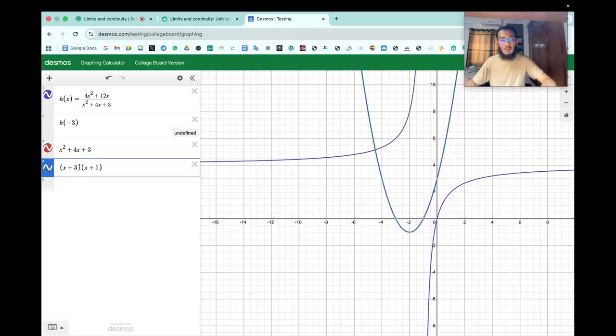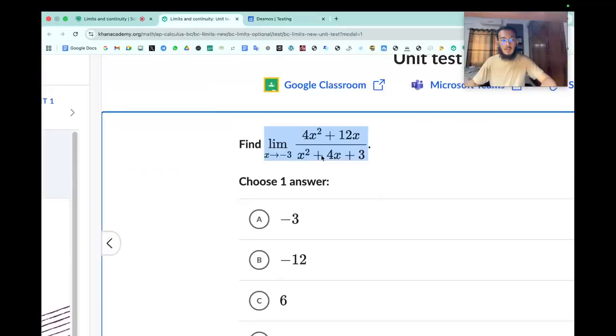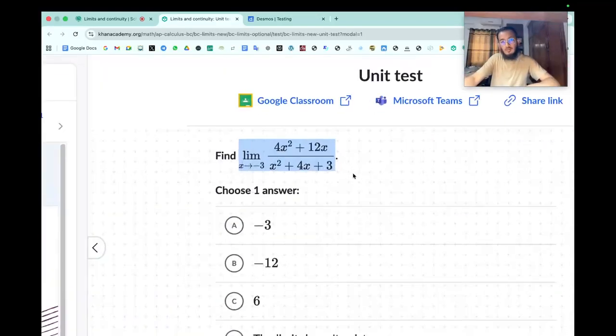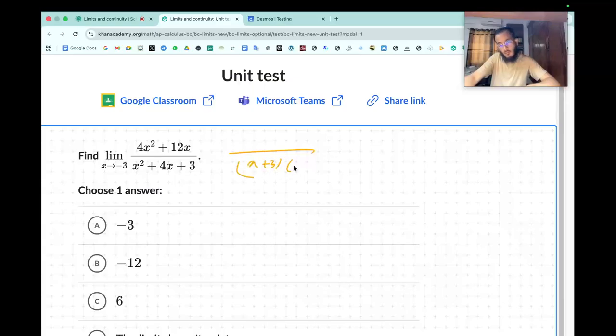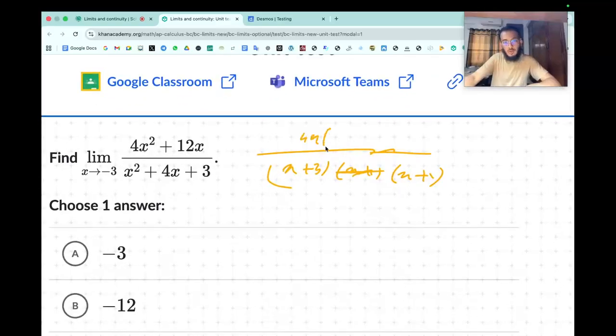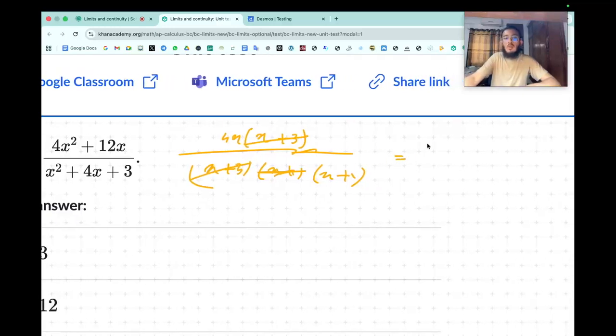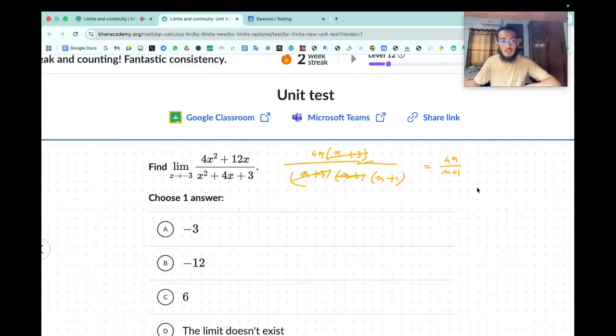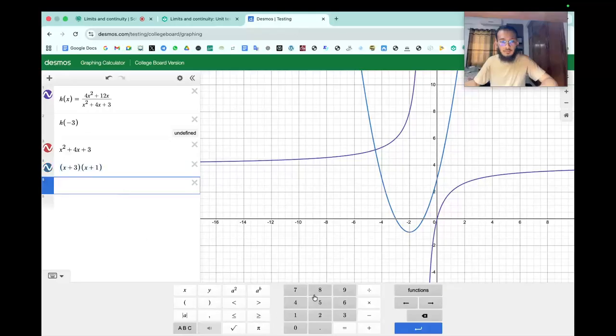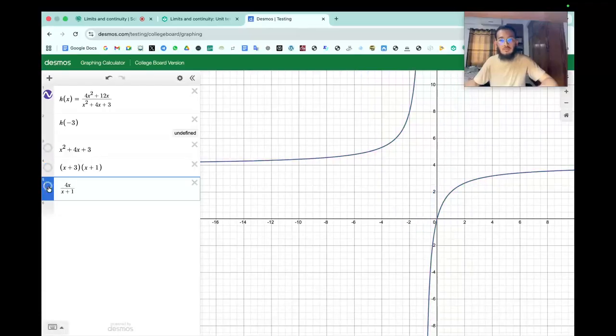As you can see, it's the same graph. From the numerator we can take out 4x common. So we're left with x and 3: 4x squared plus 4 threes are 12, 12x. x plus 3 can cancel out. We have 4x upon x plus 1. So 4x upon x plus 1 is almost the same graph, as you can see, except for x equals -3.